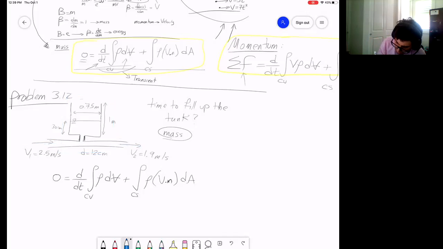That's why this one, what Nick said, is good, but it's not sufficient. If you draw your control volume like this around the tank, we don't know the inlet, so that's a problem.